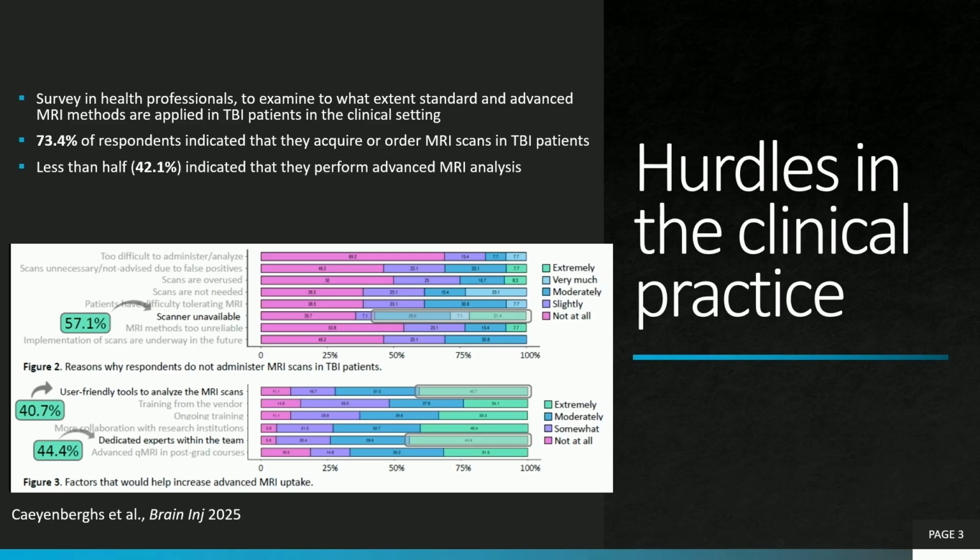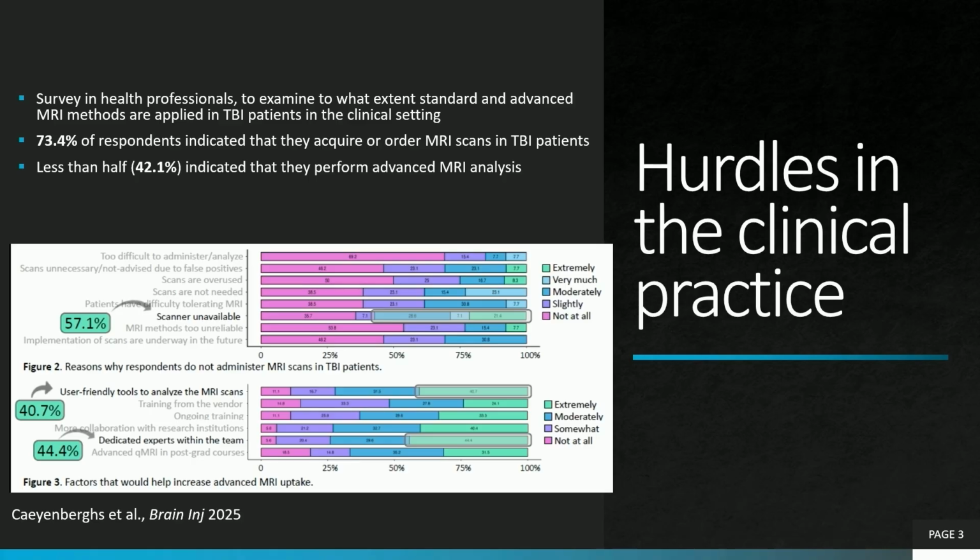Another result of this survey, and I think this is a really important result for the OHBM community, is that less than half of the health professionals indicate that they perform advanced MRI analysis. Only 42% are performing advanced MRI analysis. I think this is something that we as the OHBM community can do something about.